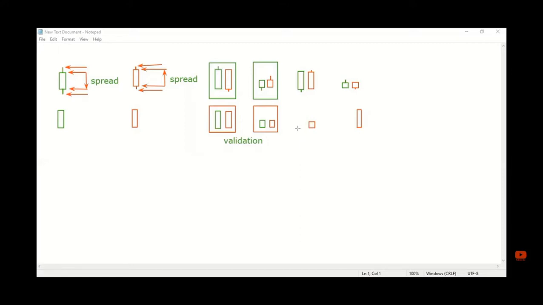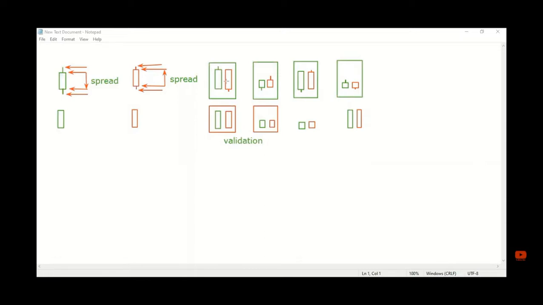In this case, when the spread is strong and volume is low, that means a strong candle with low volume and a weak candlestick with high volume. So this is not valid. We can call this condition an anomaly.